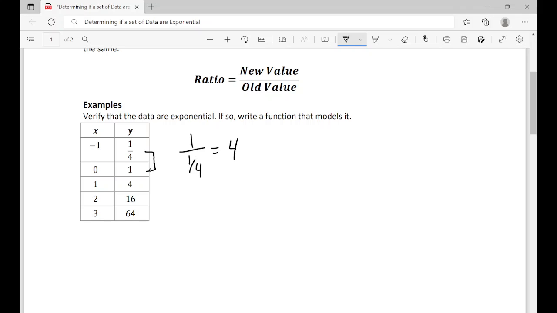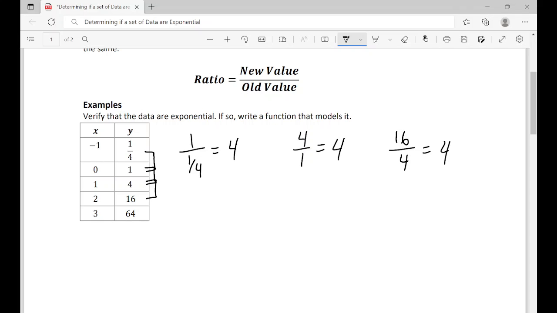Easy enough. Now we're going to do the next two. And again, new divided by old, so 4 divided by 1. So 4 over 1 is 4. Looking good so far. Now we're going to do it again. 4 and 16. So 16 over 4 is going to give me 4. 3 for 3.